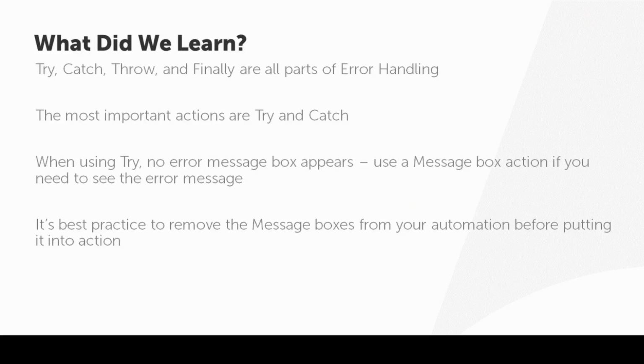The automation doesn't fail, but instead displays a message box with the error message that we saw the first time we ran this. The automation still is successful when I close this box because the automation itself took care of the error condition.